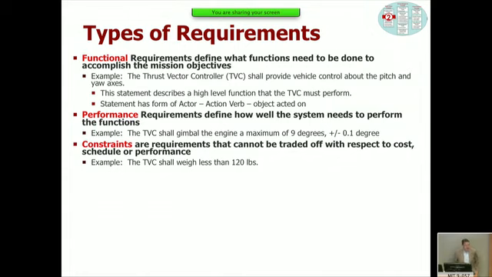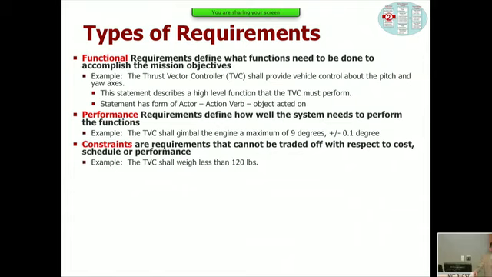Then we have constraints. Okay, yep. Isn't the performance requirement saying the engine has to gimbal 9 degrees? Isn't that kind of pushing towards the specification? Or, I guess it can also be a requirement, but isn't that? Right. In this case, we're not specifying how those 9 degrees are achieved.